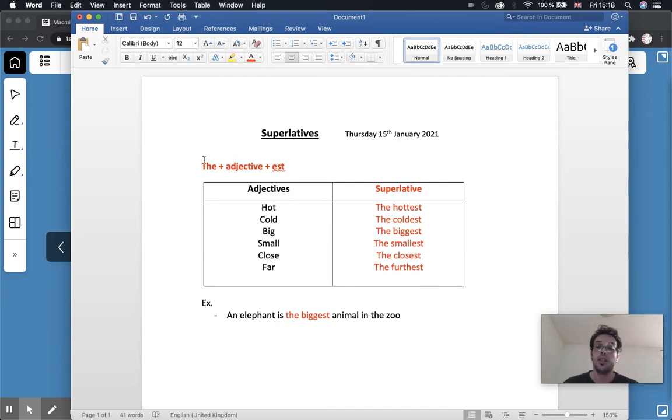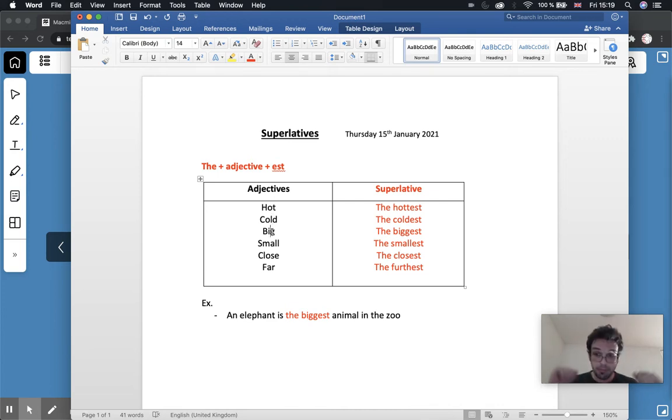Okay. So today, we're going to learn about superlatives. What is a superlative? Well, let me explain. We have, in English, adjectives. Tenemos adjectivos. For example, hot, calor. Cold, frío.